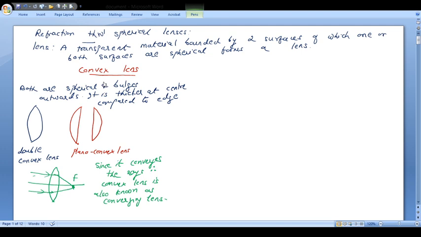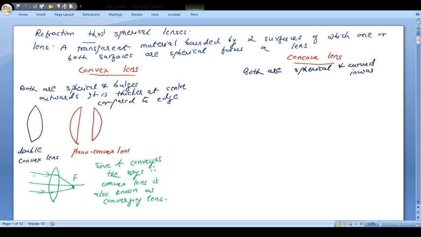Now let's see another type of lens. It may not be bulging outwards, it may be curved inwards. So here we will be talking about the concave lens. Both surfaces are spherical and curved inwards.